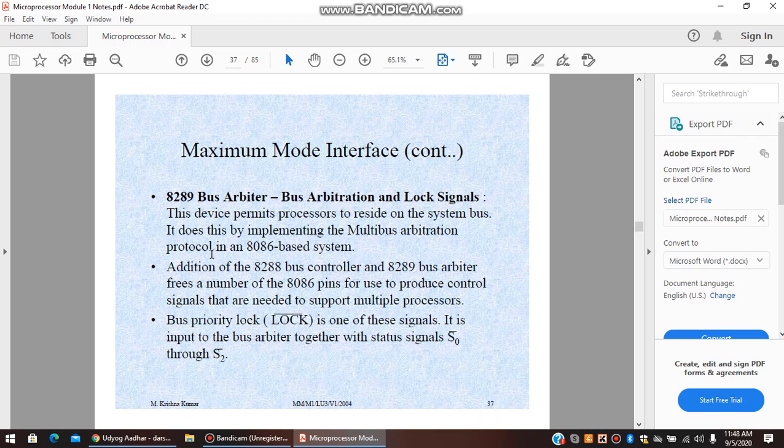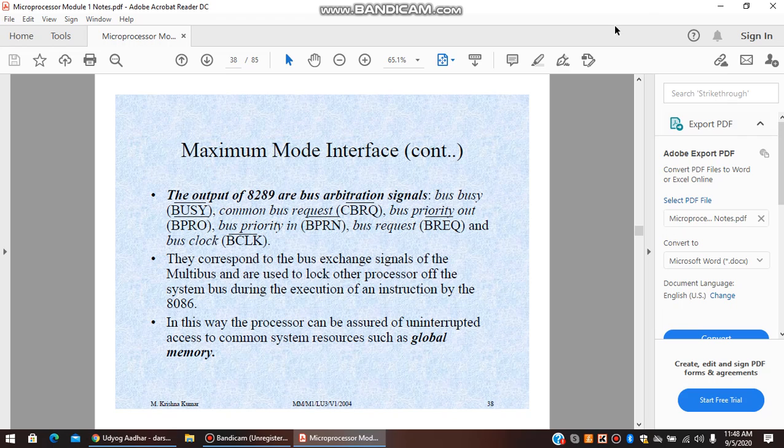It is input to the bus arbiter together with status signals S0 through S2. The outputs of the 8289 bus arbitration signals are bus busy, common bus request, bus priority out, bus priority in, bus request, and bus clock. These are the various output pins of the arbiter.